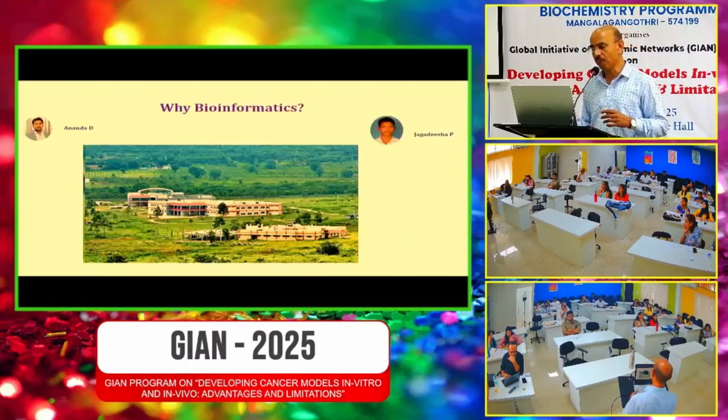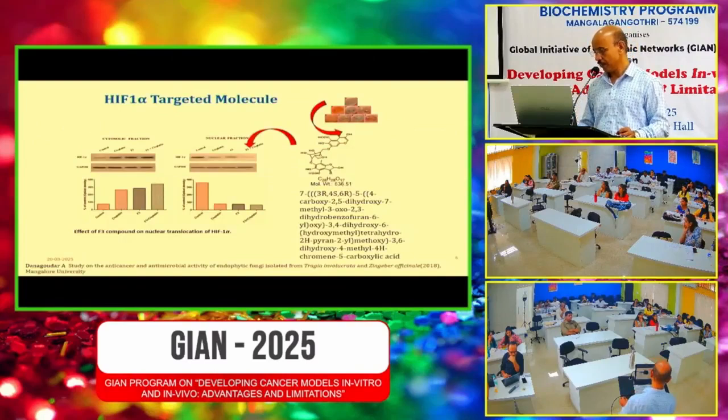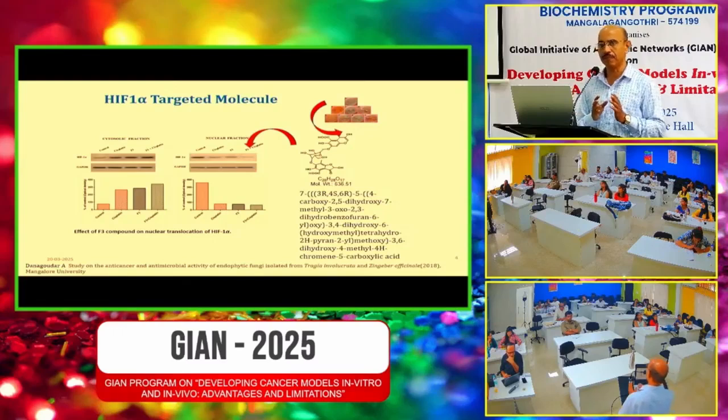And what we thought was, instead of taking the natural compound or anything, better let us go for certain other techniques where we can go straight to the compound and then study. So the best method that I found was that we can go for the bioinformatics method.